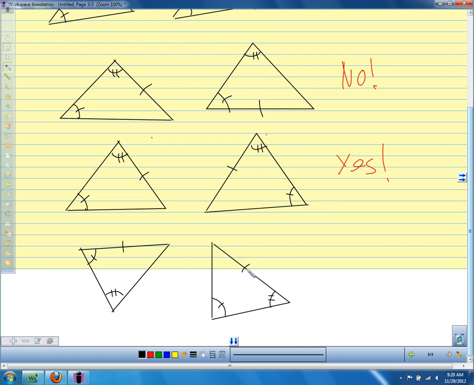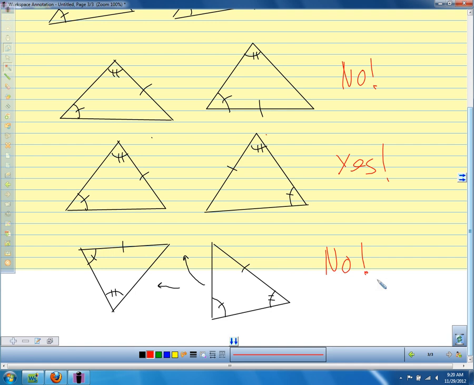So our tick mark is next to the angle with 2 tick marks. Here our tick mark is next to the angle with 1 tick mark. So if I rotate it and then slide it over, this side is going to end up right here. So this would be a no, because the parts aren't in the right order.